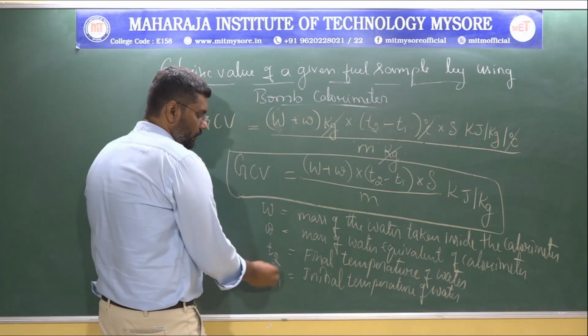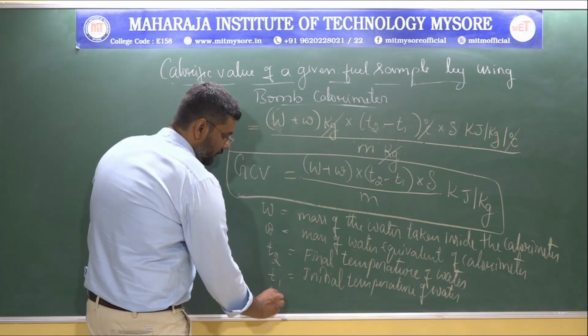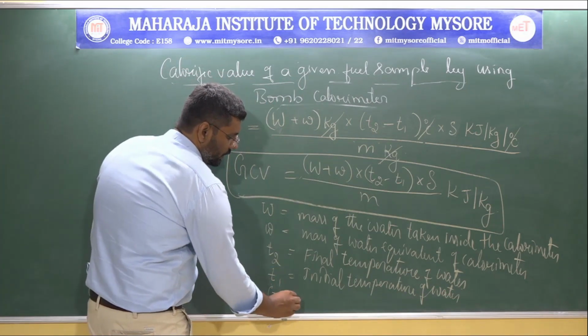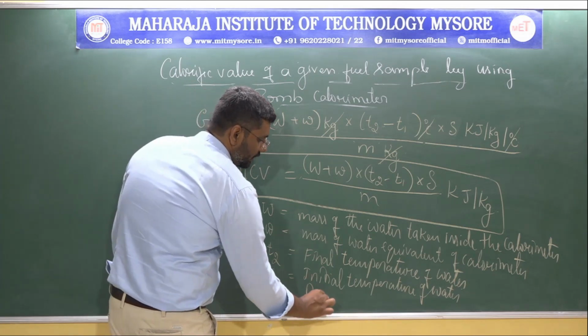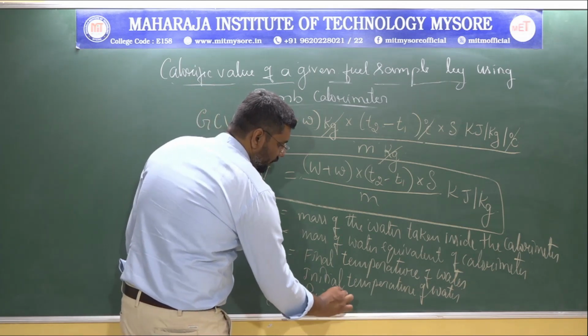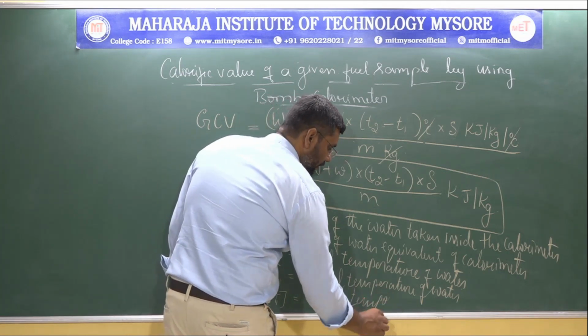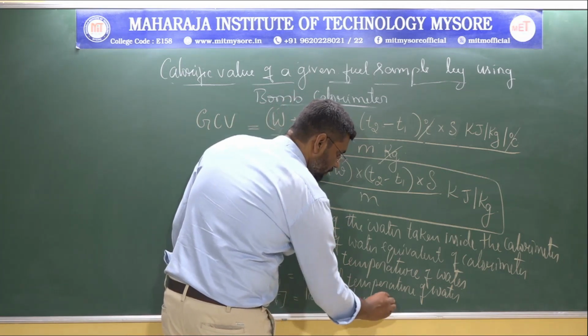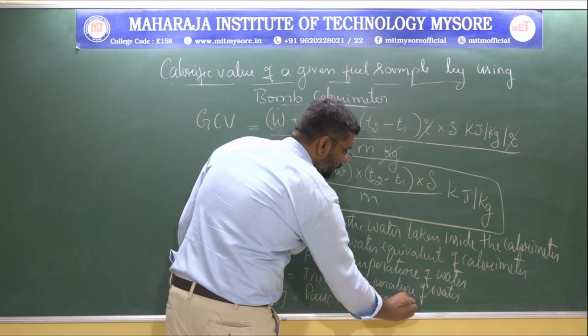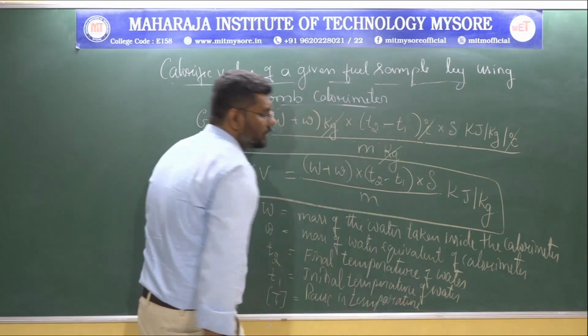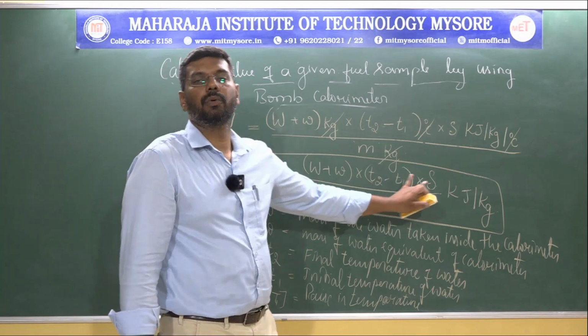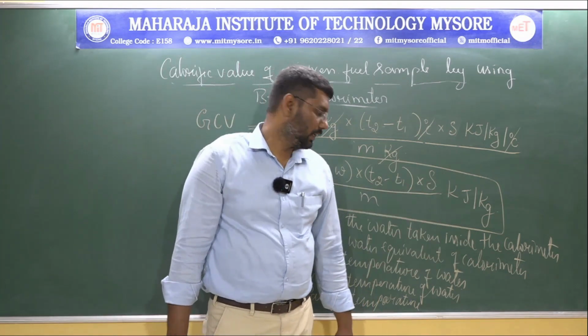T2 minus T1 we can just call capital T, which is nothing but the rise in temperature. Don't get confused, because in some textbooks they have directly given it as capital T, which is nothing but the difference between T2 and T1.